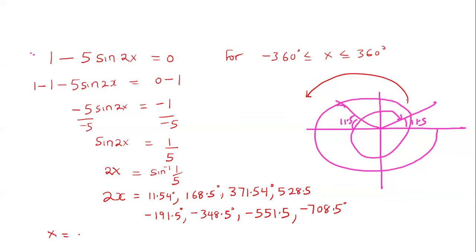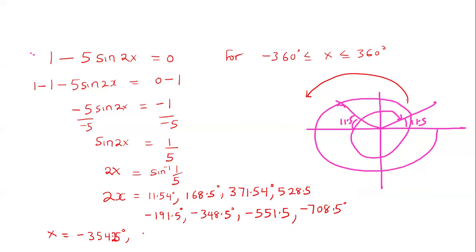So we are getting negative 708.5 divided by 2. We get negative 354.25.